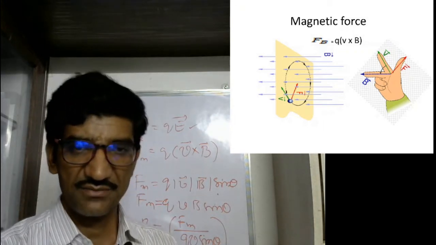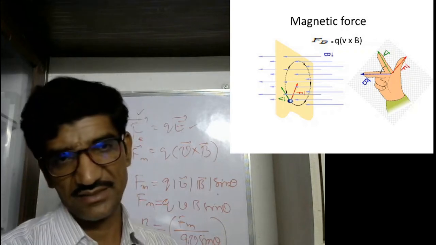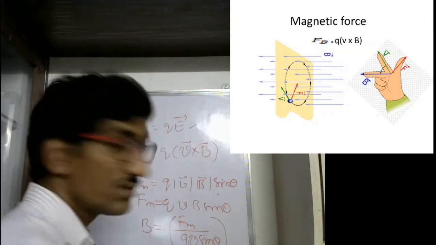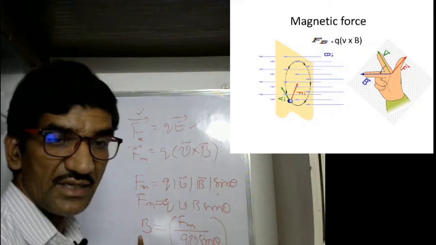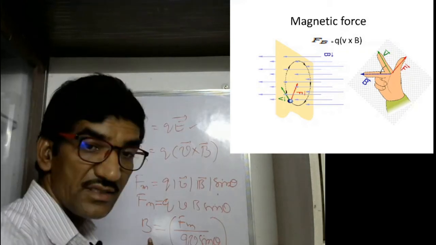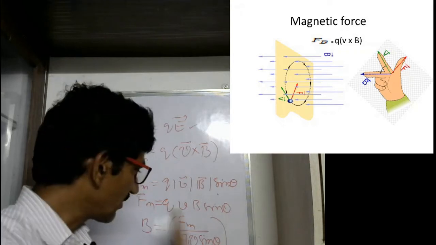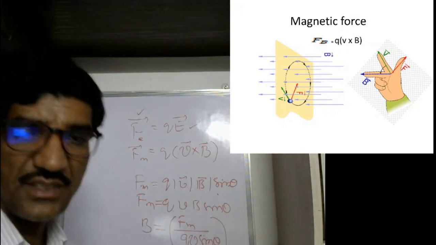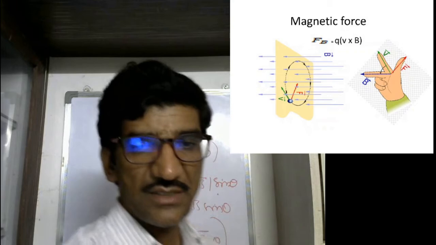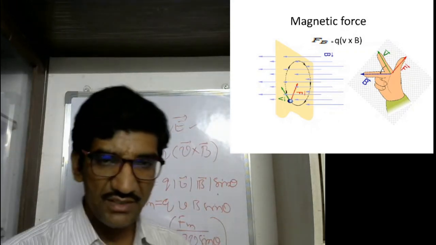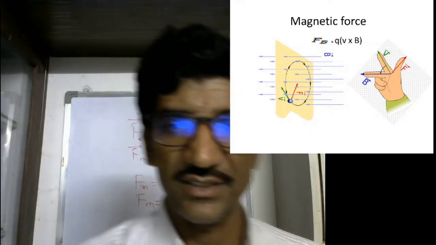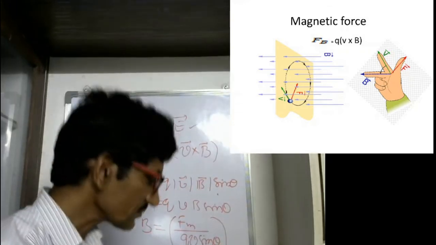Electric field is nothing but the electric force. Here also, magnetic field or magnetic induction is nothing but the magnetic force whenever you make all these things unit quantities. These are the similarities between the magnetic field and electric field.